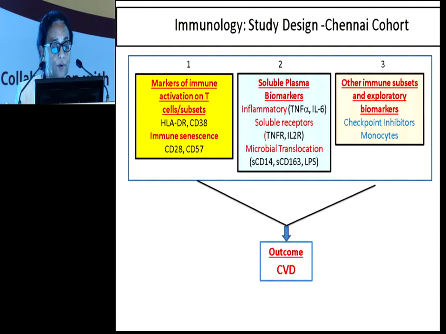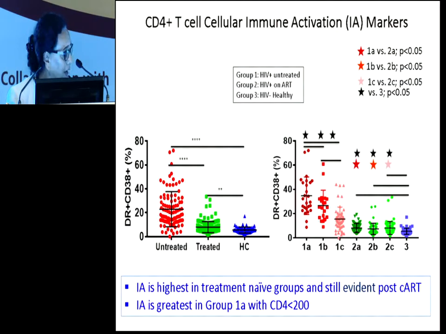So next we went to look at what was the immunologic basis. Could we correlate these? And here we did the study in 4 parts. We looked at markers of immune activation. We looked at plasma biomarkers of inflammation and microbial translocation. And then we also looked at checkpoint inhibitors and monocytes and correlated them with cardiovascular function.